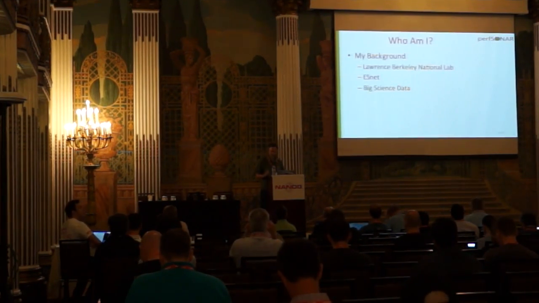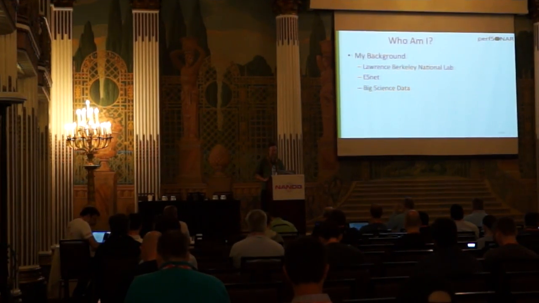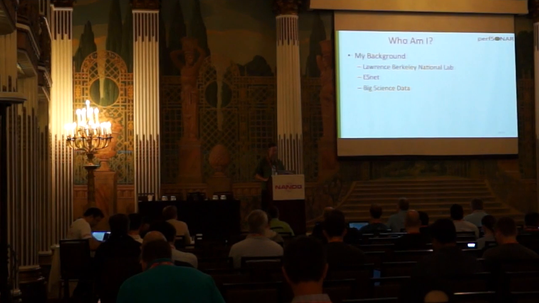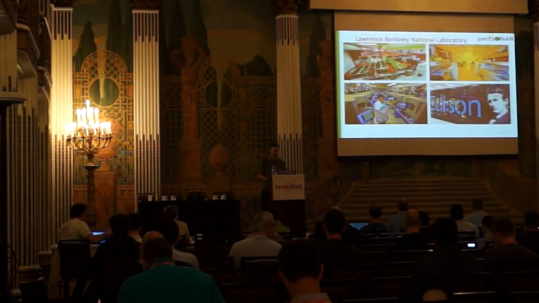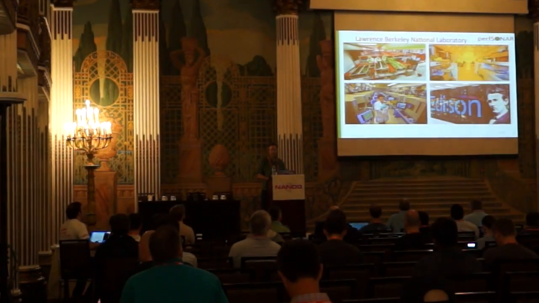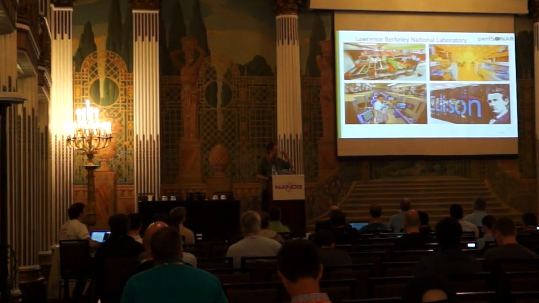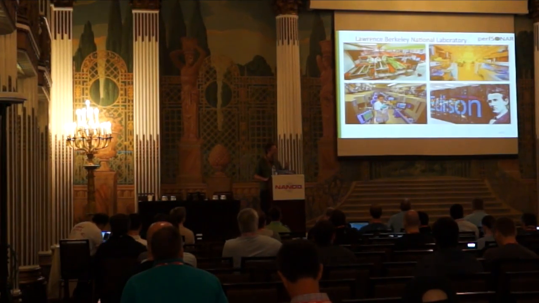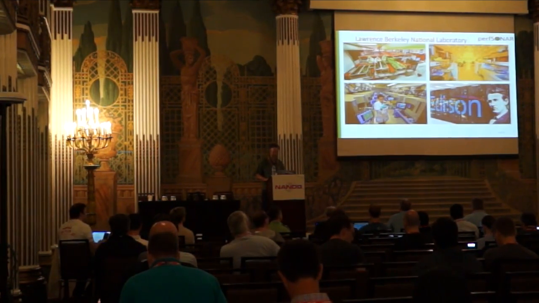So just briefly, so you know where I'm coming from, because all speakers bring their own sets of biases, right? I'll give you a really quick overview of who I am and what my background is. I've worked at Lawrence Berkeley Lab across the bay. I don't know, can you see it from the 32nd floor? I haven't looked.